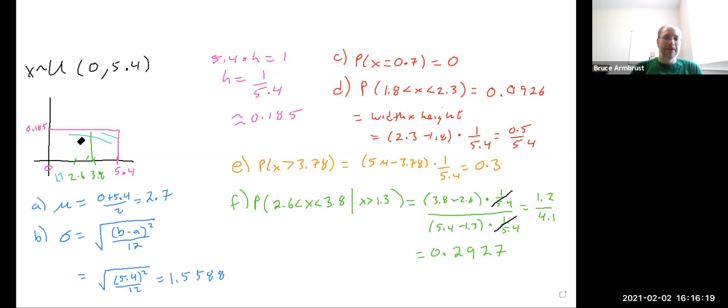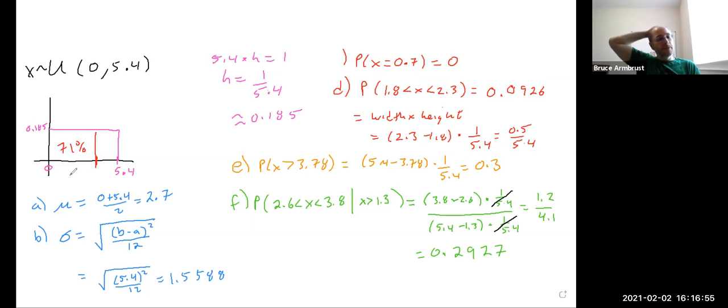So let me get rid of all this conditional stuff. Now, if we're going to do a percentile, what we're looking for is a place here where, in this case, 71% of the area is to the left of it.